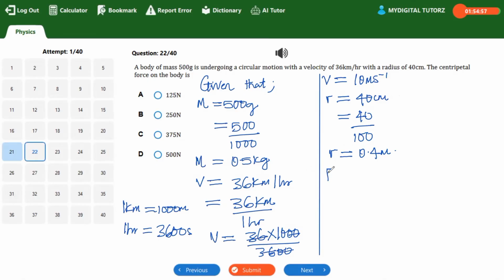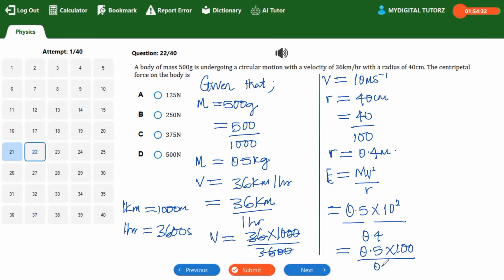We recall that the centripetal force F is equal to mv squared all over R. Now plug in your values. Mass is 0.5 multiplied by 10 squared, all divided by the radius, which is 0.4. So that will be 0.5 multiplied by 100, then divided by 0.4.